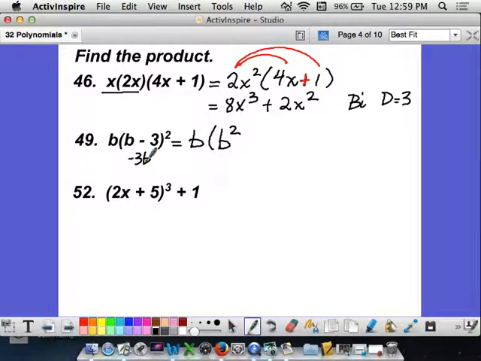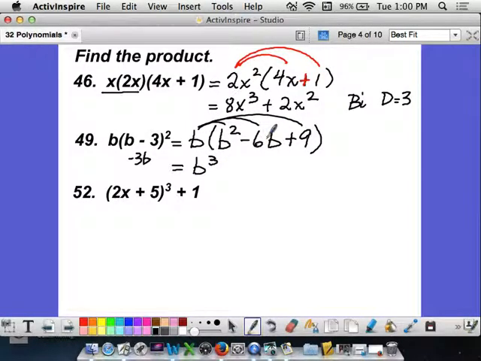Double that, negative 6b. And then always add the square of the last. Negative 3 squared is 9. So I square, double, square. Then I would just distribute this b. So I have b cubed, and then I have minus 6b squared, and then I have plus 9b. So if you can remember how to square double square, that truly is the fastest method.